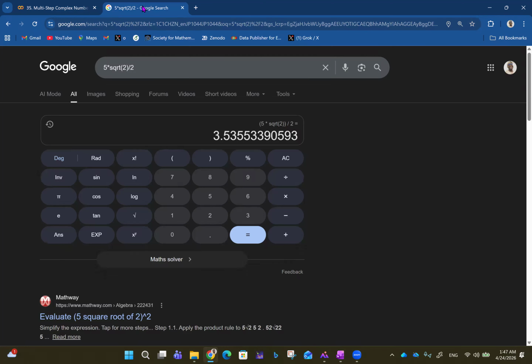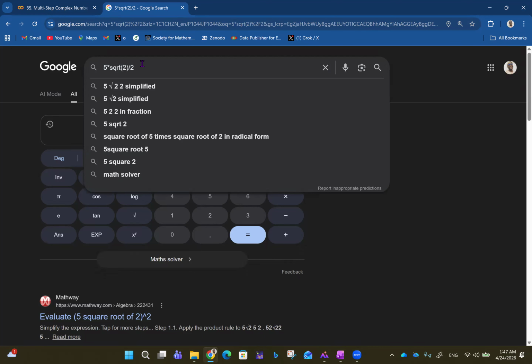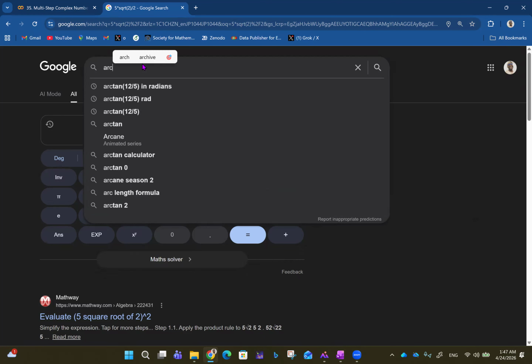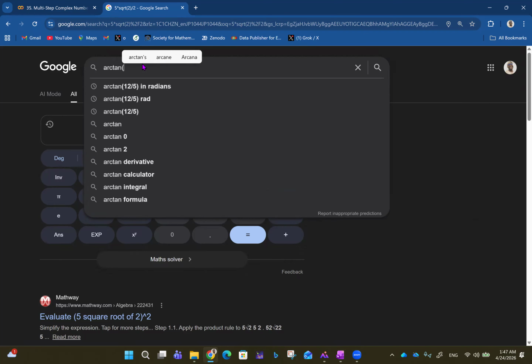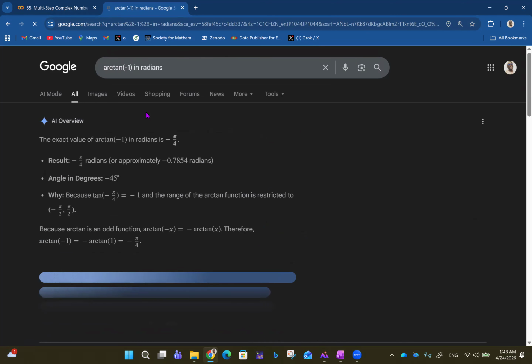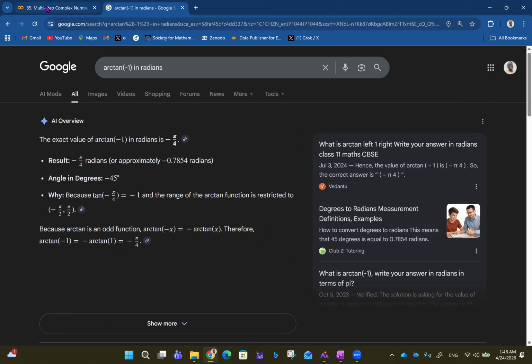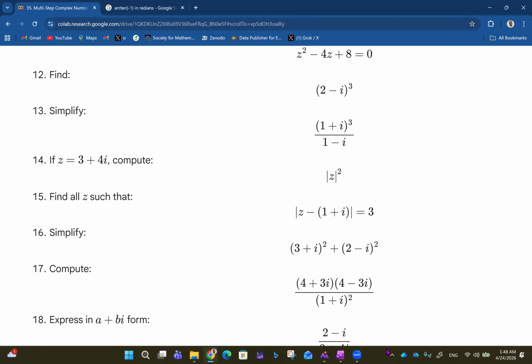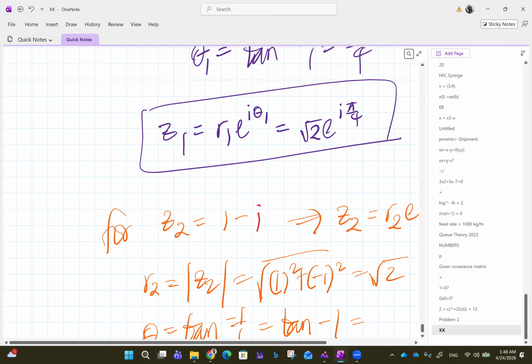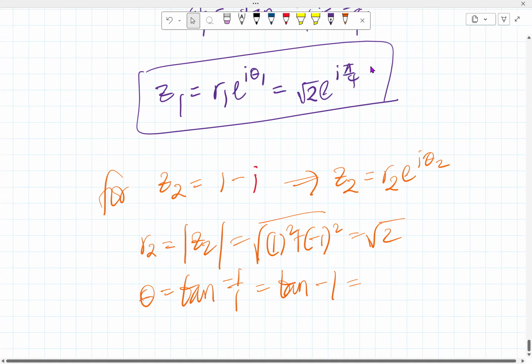Let's see, arctan of minus 1. I think that should be minus pi over 4, in radians for sure. So we have minus pi over 4.